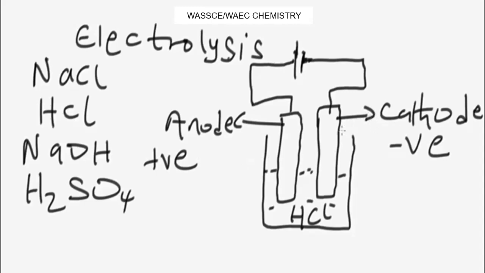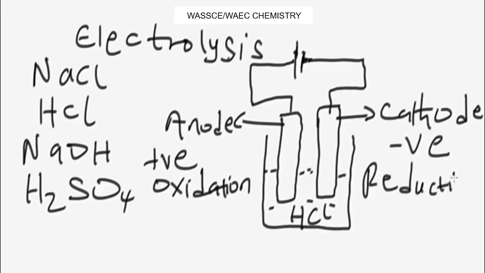Note again that at the anode, the positive electrode, oxidation occurs, whereas at the cathode, the negative electrode, reduction occurs. Very important concepts on how to differentiate anode from cathode in an electrolytic cell.